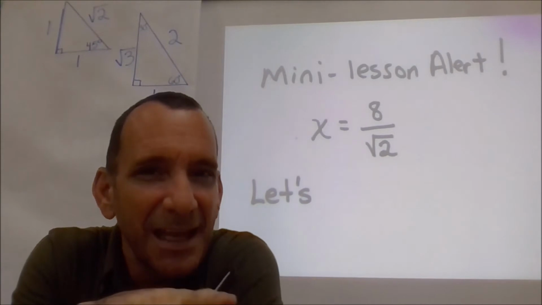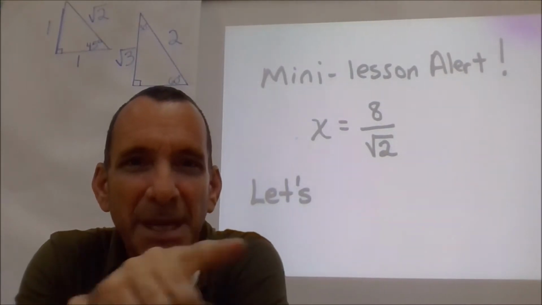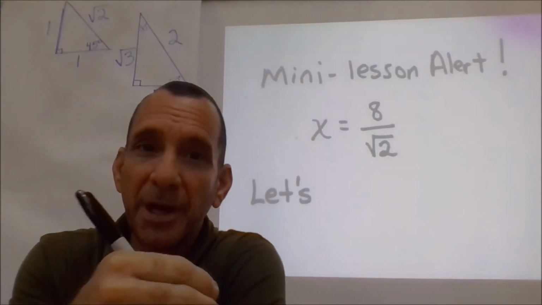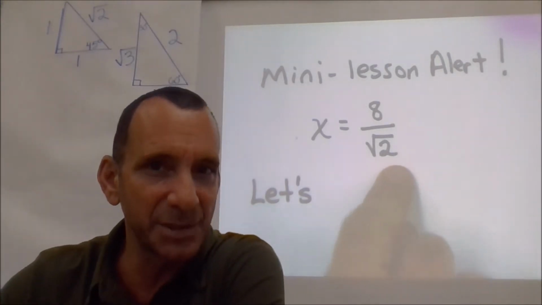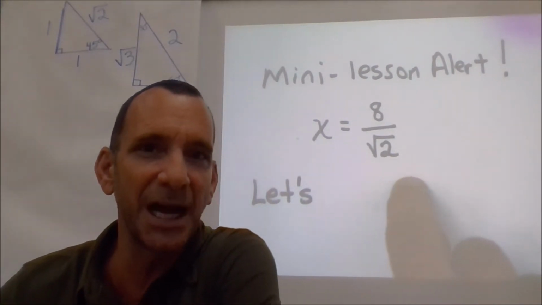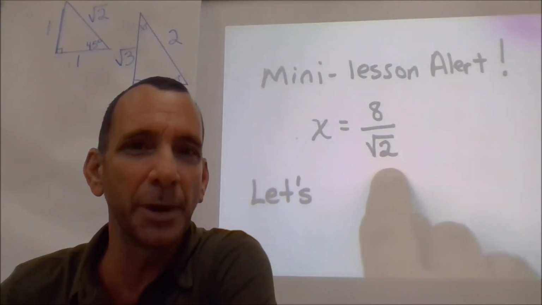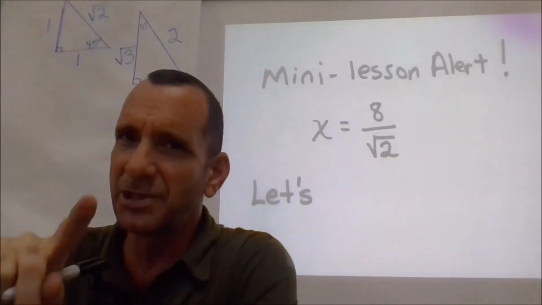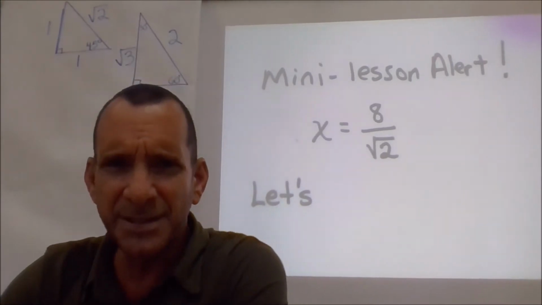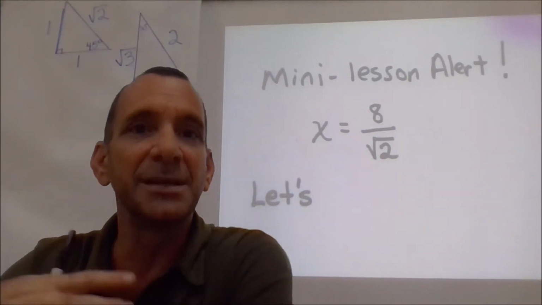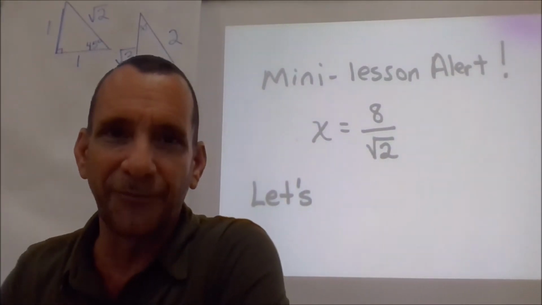I have a mini lesson alert. This is a mini lesson that will help us simplify this expression. This was the answer that we got in example 2 of the last problem, 8 divided by the square root of 2. Now I'm not going to punch that in my calculator because I want my answer to be in simplified radical form.